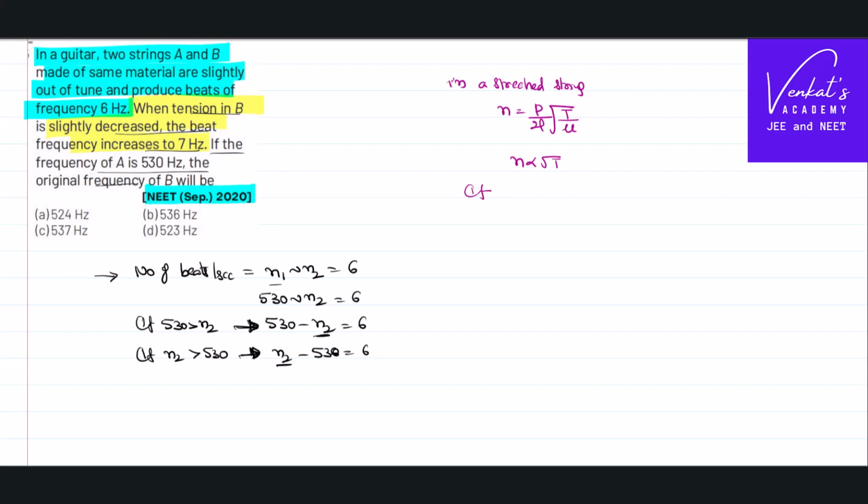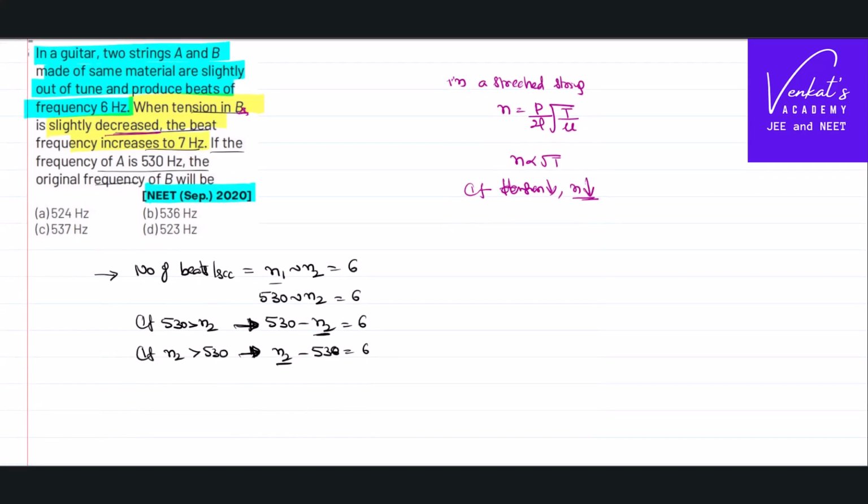Meaning to say, if tension decreases, frequency also has to decrease. It is given that the tension is decreased, so the frequency also decreases, right? Then it is given that the tension in B is decreased.